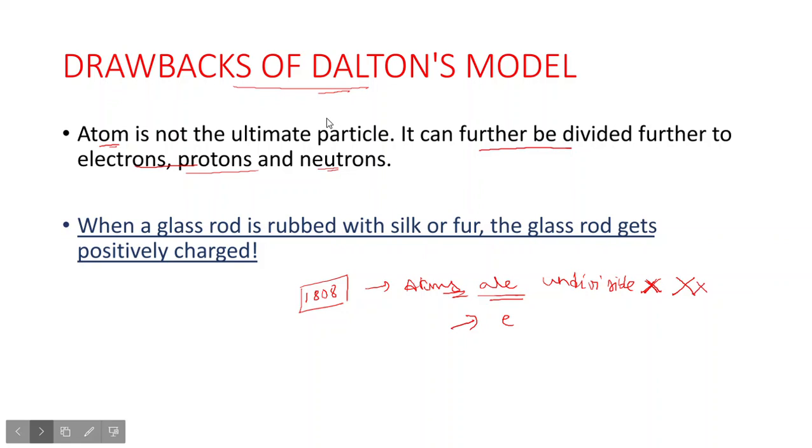And John Dalton was not able to explain this property. For example, when a glass rod is rubbed with silk, the glass rod gets positively charged and the silk gets negatively charged.